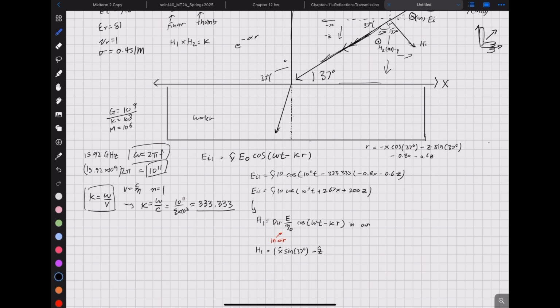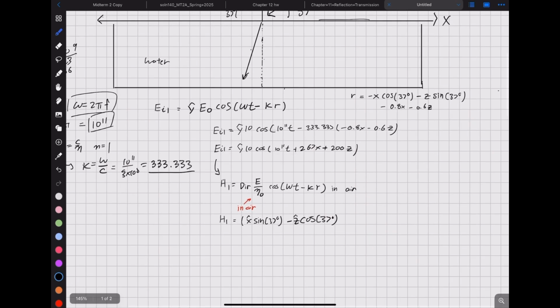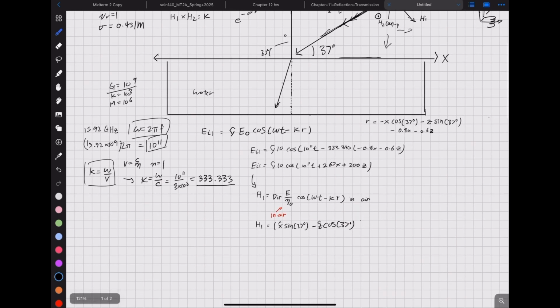Let's not forget the hats here. These are unit vectors. Cosine of 37 degrees. And we're going to have our E, which is just 10, and eta naught. And remember, eta naught is given as 377. It's good to remember.